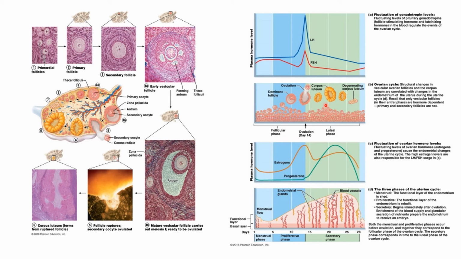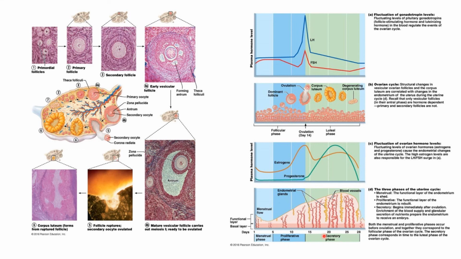If pregnancy does take place, then the corpus luteum is going to remain until the placenta grows and is ready to make its own hormones. So the corpus luteum lasts for about 3 months if pregnancy does take place.